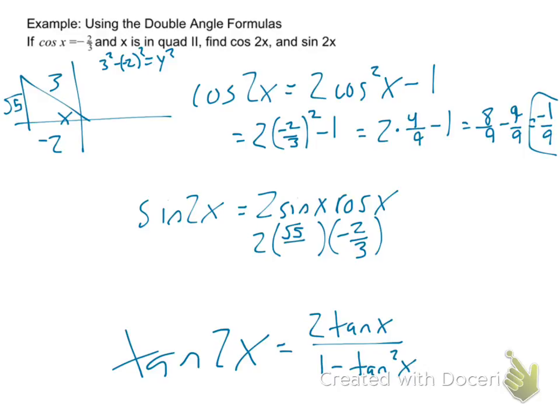Square root of 5 over 3. And you end up with negative 4 square root 5 over 9. Question. What quadrant are we in? The sign should be positive. Why is it negative?